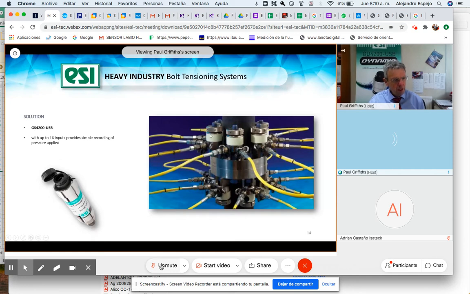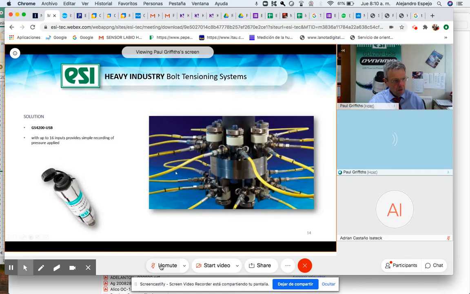So in this example here, you can see 1, 2, 3, 4, 5, 6, maybe more tensioning devices on the top and on the bottom. And all of these are connected to a USB transducer.